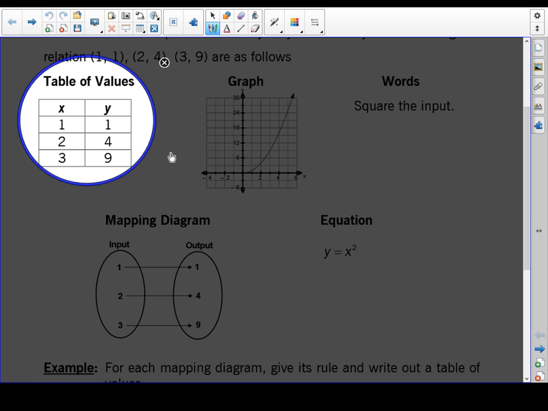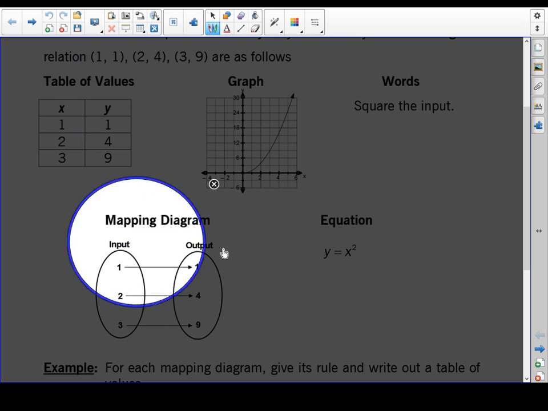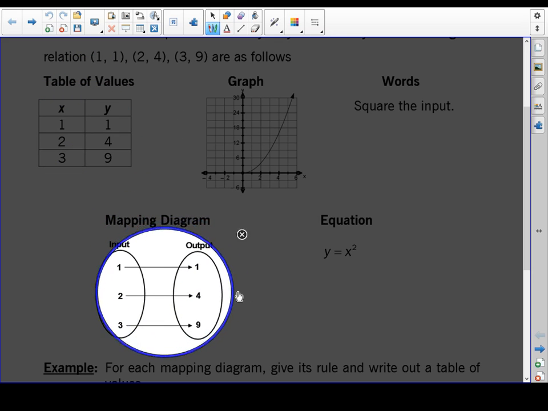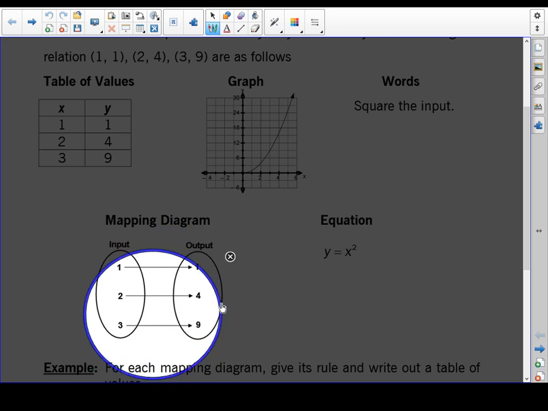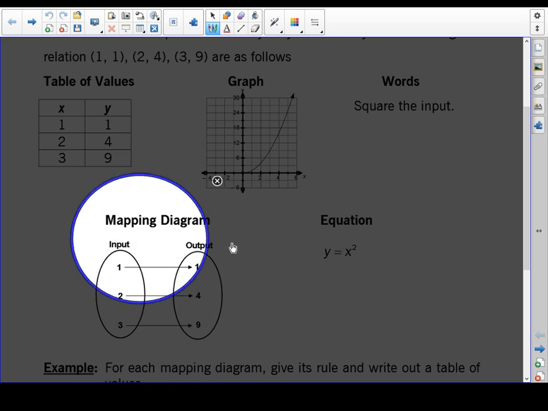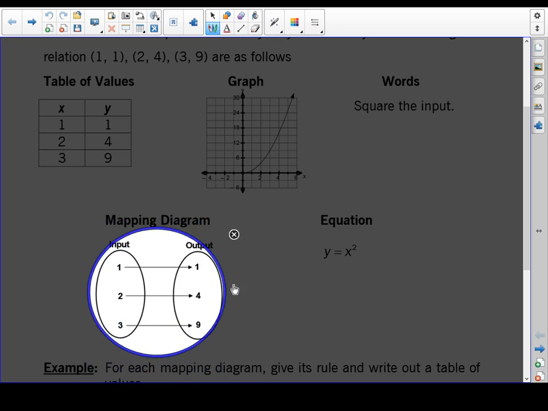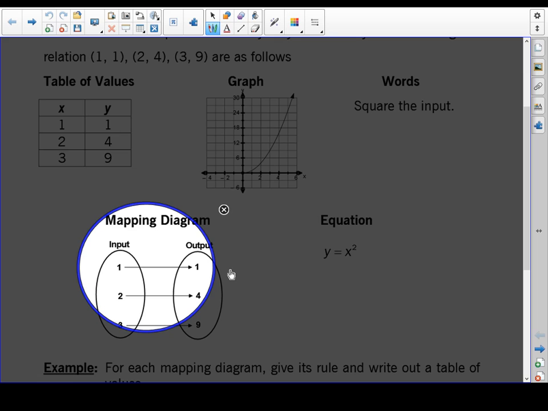Now that tells us one thing, but it doesn't necessarily tell us everything. We can take a look at a mapping diagram, and the mapping diagram has the same information as the table. It has each of the inputs and it tells where it goes. The other three are a little bit different, but if you started with any of these 5 representations, you should be able to switch between them and figure out the other 4.